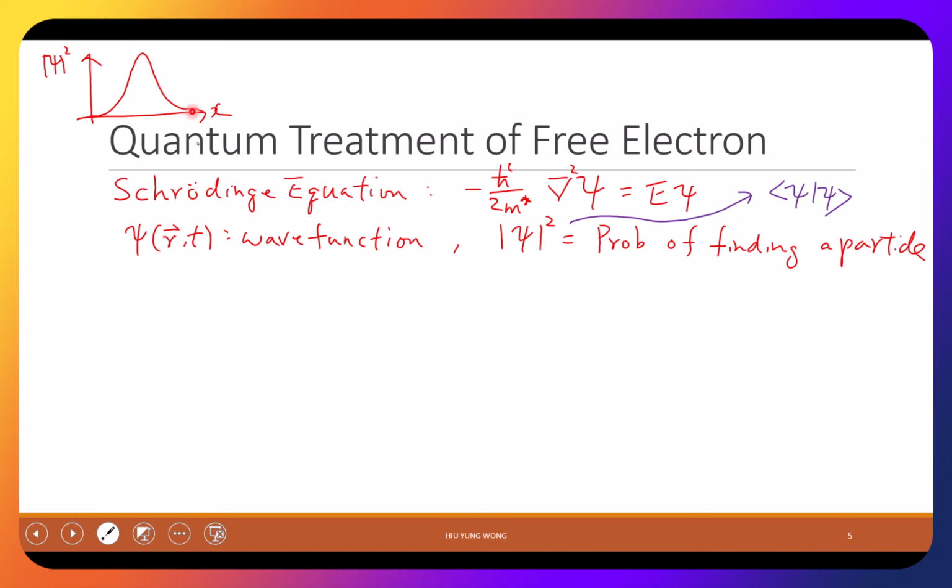I still have finite probability finding it elsewhere. Maybe this location is on this table, and this location is on your table. So overall, I can say, well, the electron probably is on my table, but there's a finite probability I can find it at your table. It's a wave spreading everywhere.